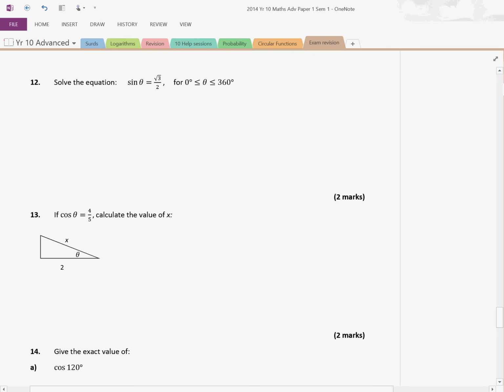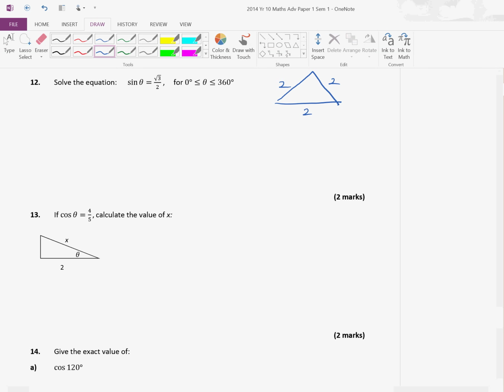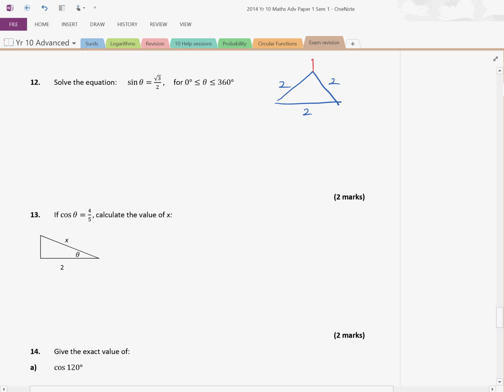Now, when you go into exam 1, you need to walk in there and you're not going to give an exact value, so you need to use your noggin and draw a triangle like so. Because it is an equilateral triangle, those angles are all going to be 60 degrees, and we're going to then cut it in half. So I've got a triangle with side 1, that's cut in half, that's 60 degrees, 30 degrees, half of 60, and that is 2.